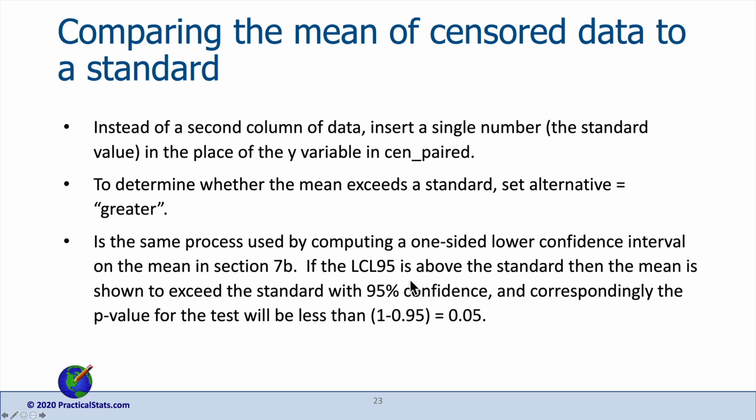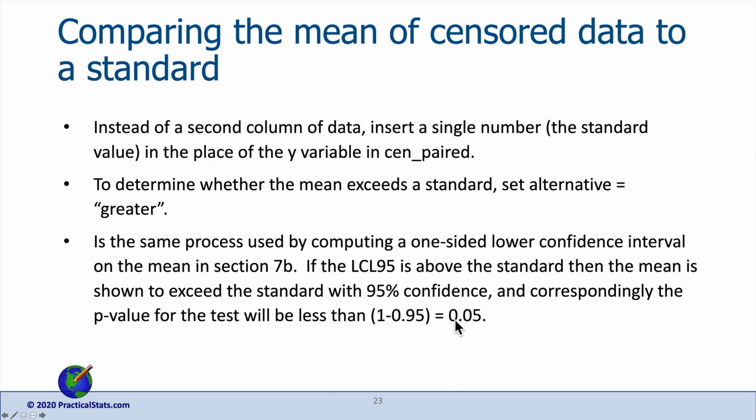So using a confidence interval allows you to take that uncertainty into account. And if it's a 95% confidence limit and the LCL is higher than the standard, then the p-value for the test is going to be 0.05 or less.